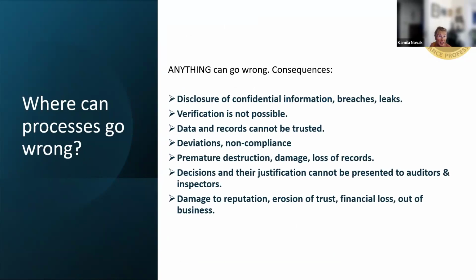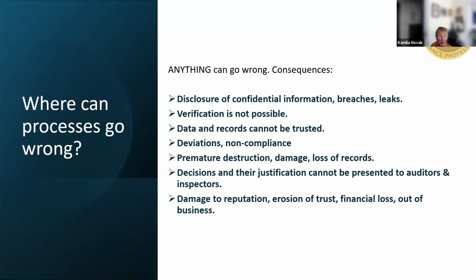And where can processes go wrong? Well, anywhere. But the consequences could be painful. Disclosure of confidential information, breaches, leaks that can be very expensive, especially if we are in the EU area and following the GDPR. Or verification is not possible. Filing is rejected.